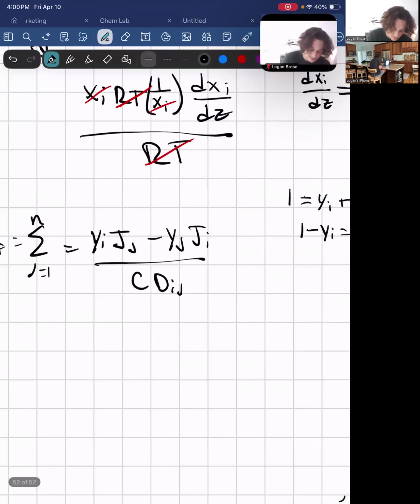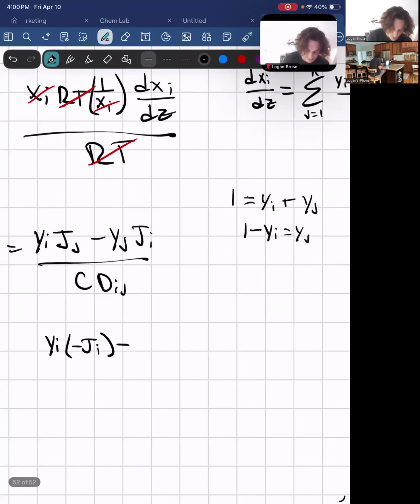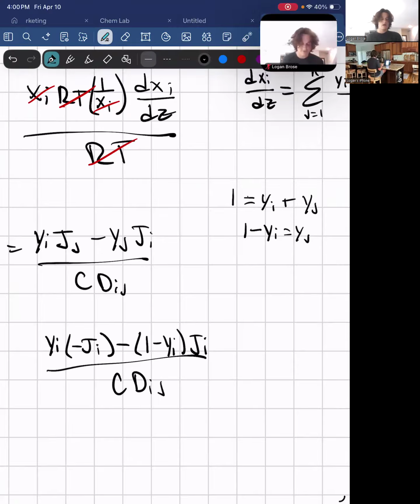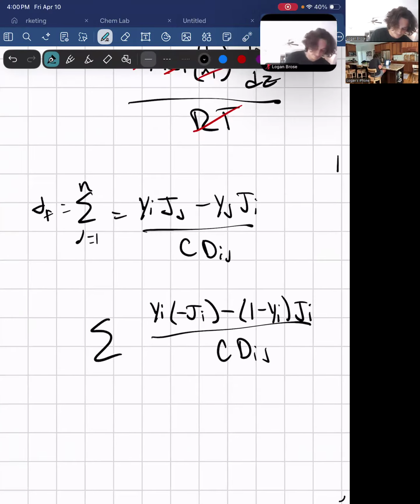And so it is now yi times negative ji minus 1 minus yi times ji over cDij. I don't know why there's an equal sign there. That was wrong.